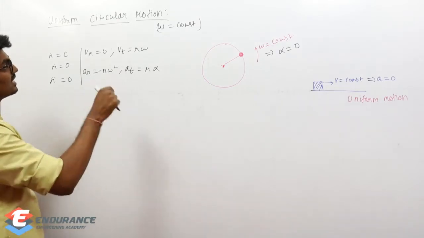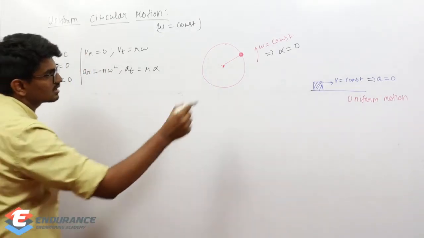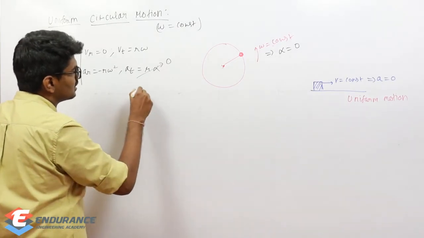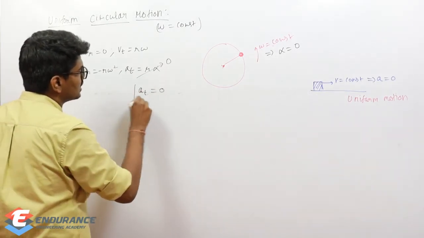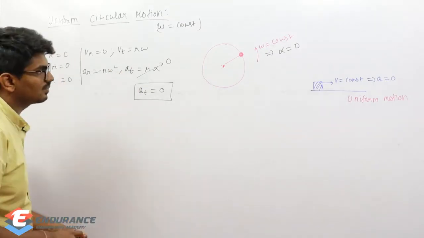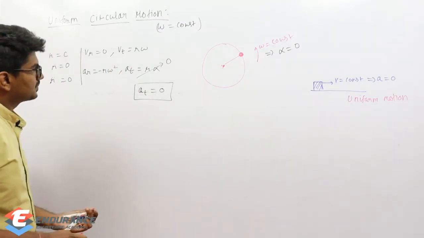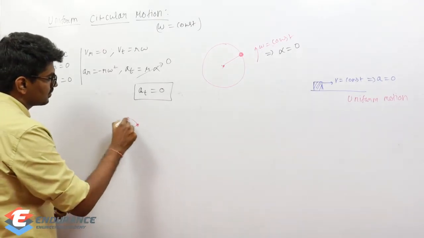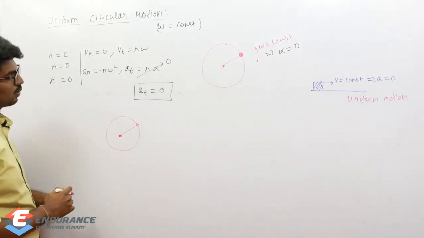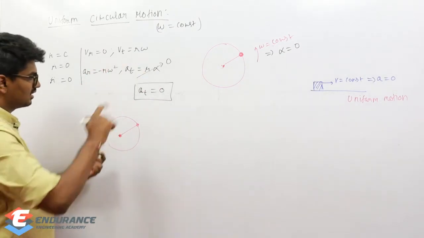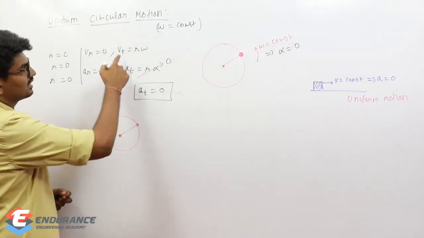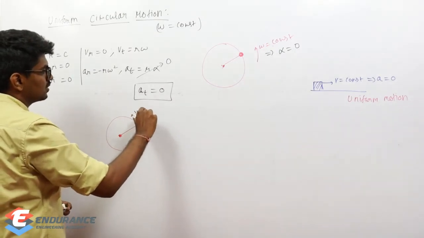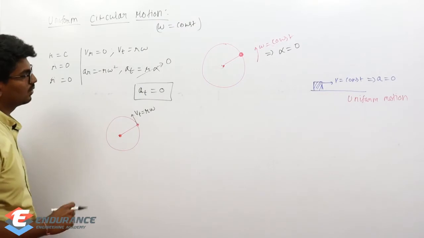Specifically for uniform circular motion, alpha is 0, so tangential acceleration is 0. If I draw that, there is no radial velocity, only tangential velocity, in this direction, vt equal to r omega.